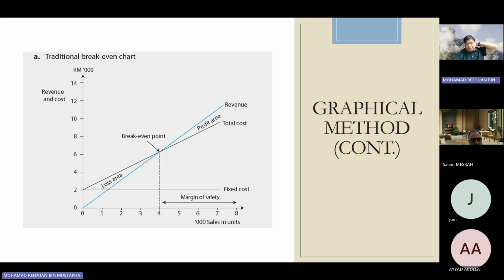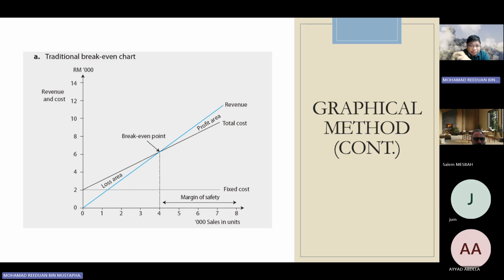Okay, then you come up with this. Based on this, this is the answer. When you plot, you get this graph, and then you can see the break-even point. Here there are 4,000 sales in units, and then you get revenue and cost of 6,000, in terms of ringgit Malaysia.